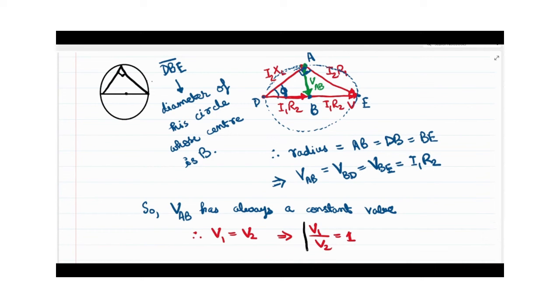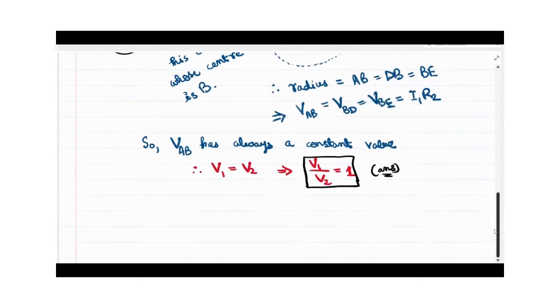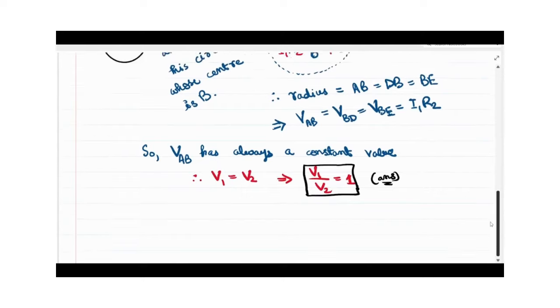So here we come to our answer, which was asked from us: V1 by V2 equal to 1. But what does this actually mean?